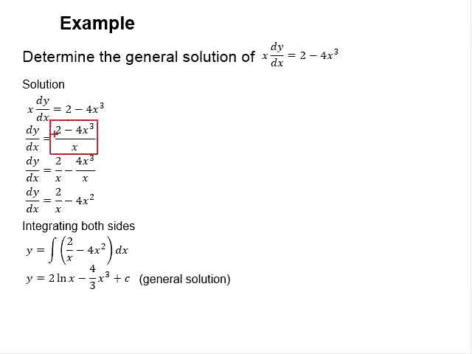Rearrange the function by moving the x to the other side. This gives you this. From the function here, you can separate it into two terms, so that later when you do the integration, you can integrate term by term. After separating into two terms, you may simplify this to become 4x squared.